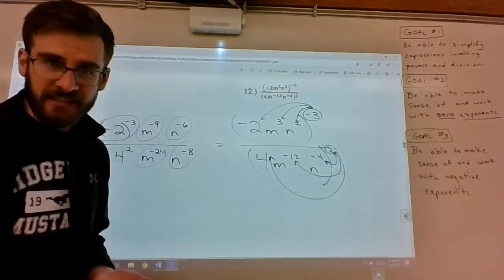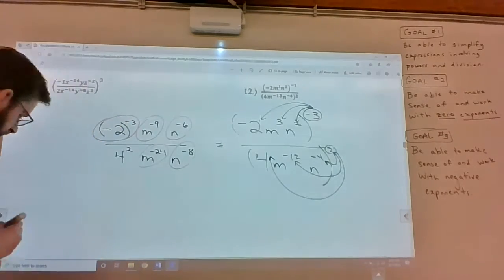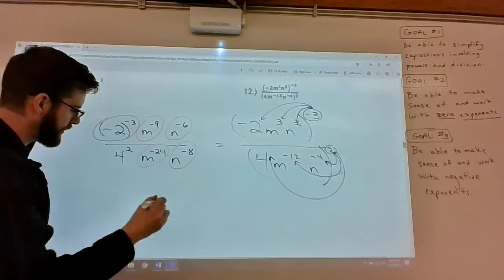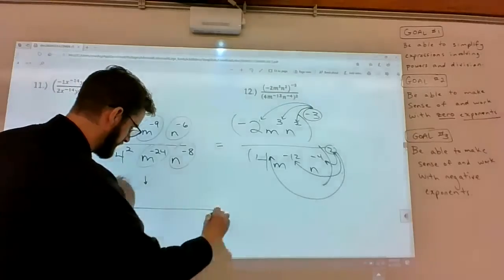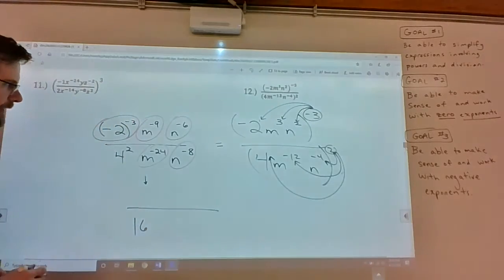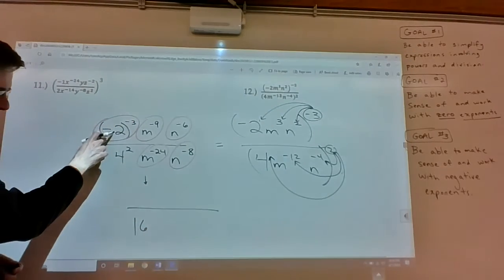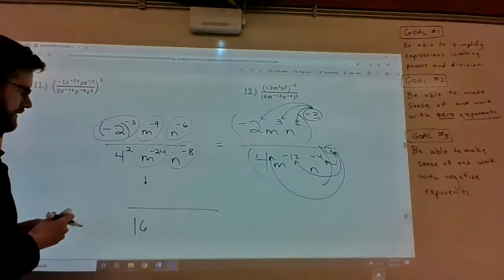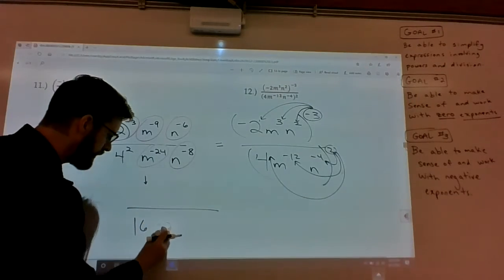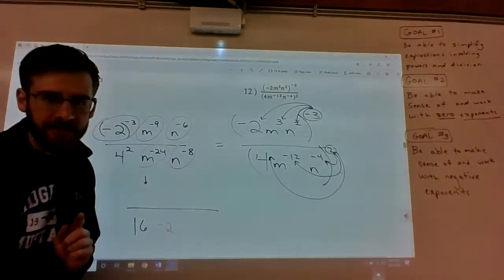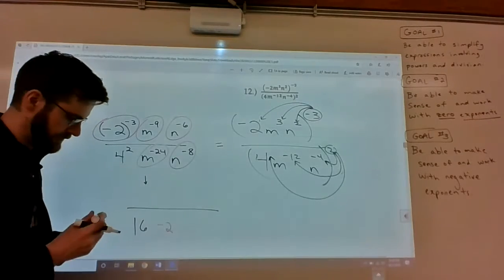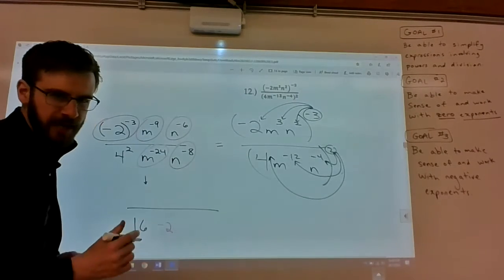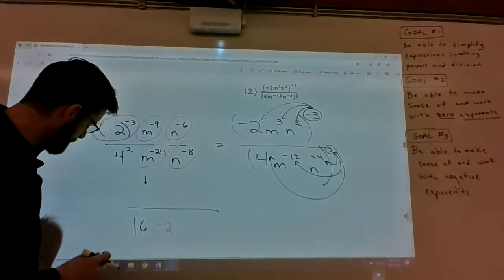So 4 squared is 16. I'm just going to replace that with 16, if you guys are okay with that. So you got 16 on the bottom here. Now, everybody who was on top is moved to the bottom. So that -2 is now on the bottom, but to a positive exponent of 3. I'm just going to use black marker because I don't think the red's showing up very well.